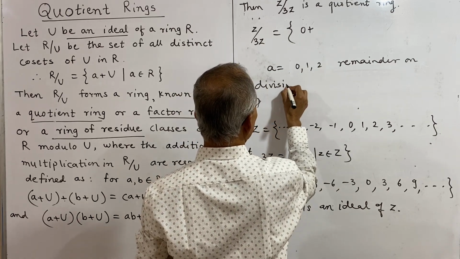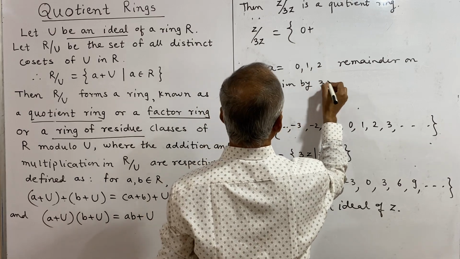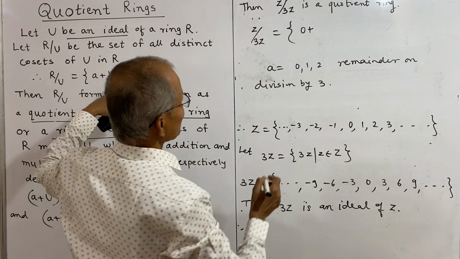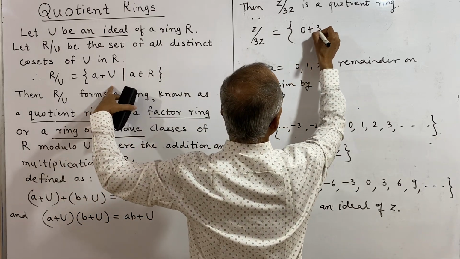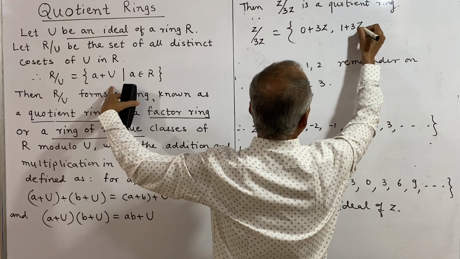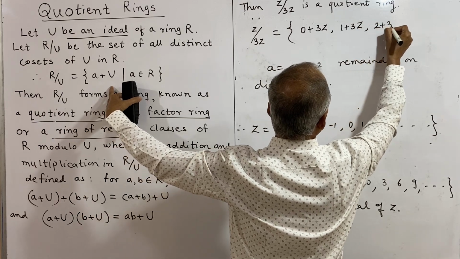Therefore the classes are 0 plus 3Z, 1 plus 3Z, and 2 plus 3Z.